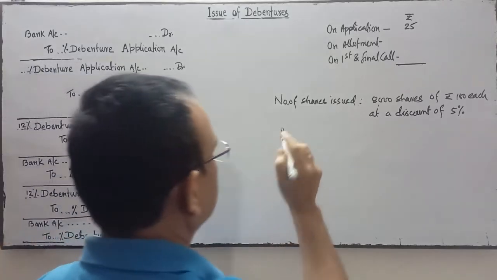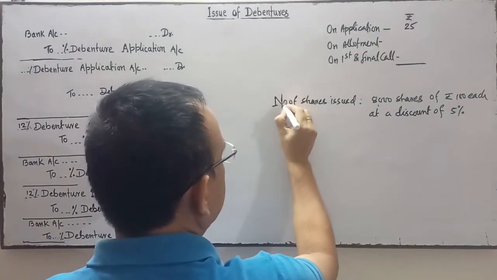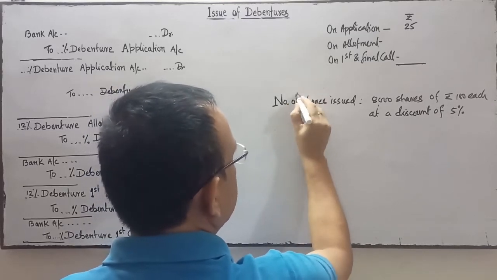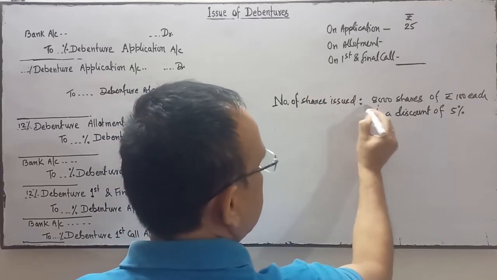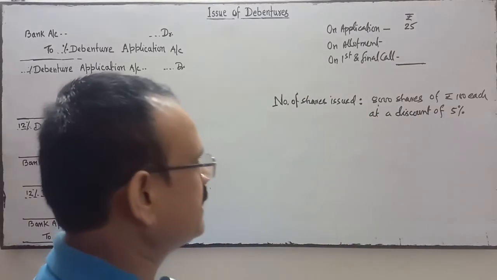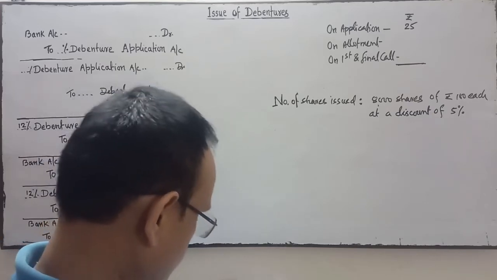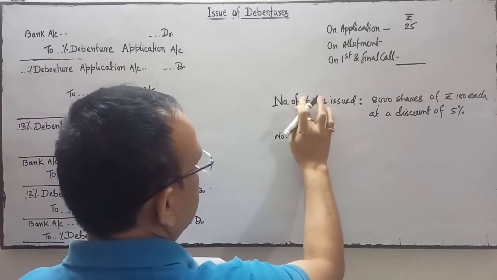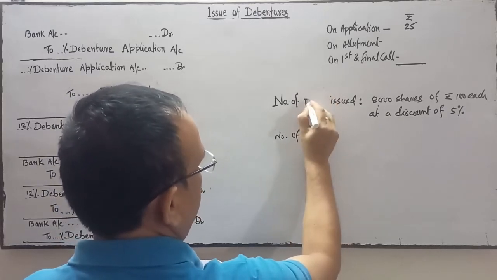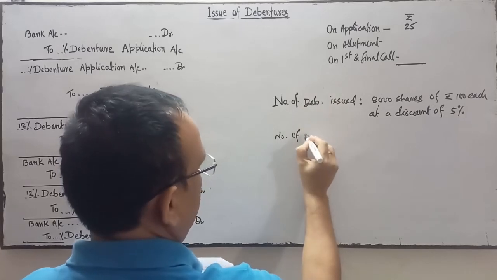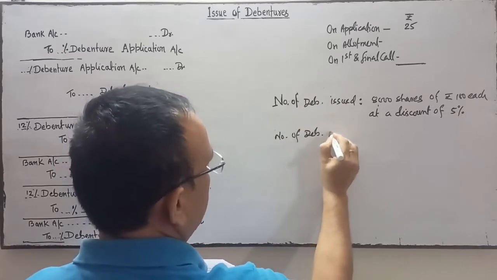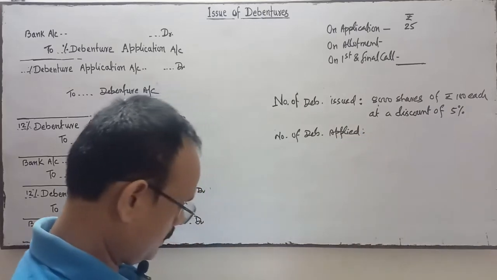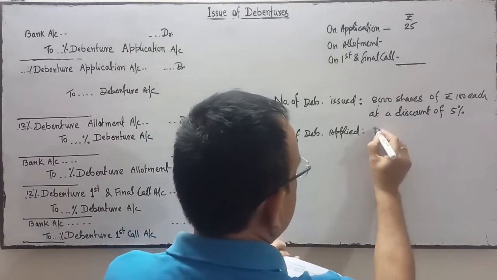So here the main thing is that these shares are issued at a discount. The number of debentures issued by the company is 8,000 of rupees 100 each at a discount of 5%. The number of debentures applied by the public is 6,000.